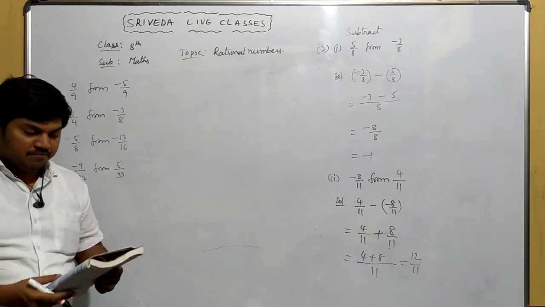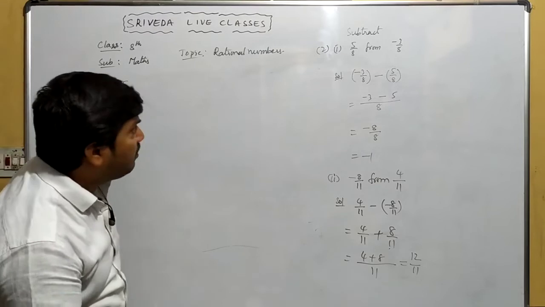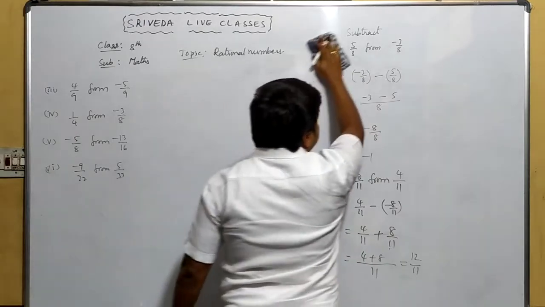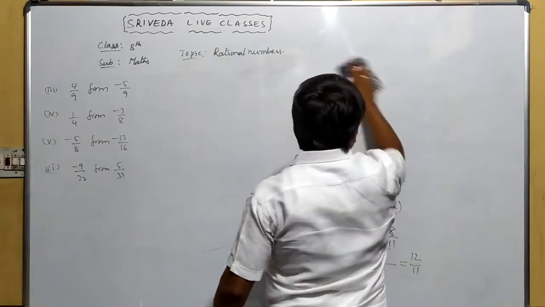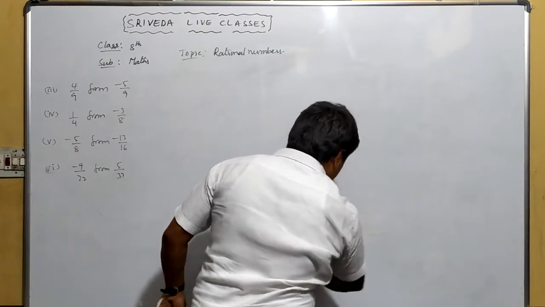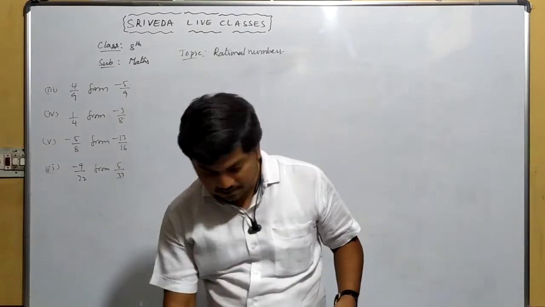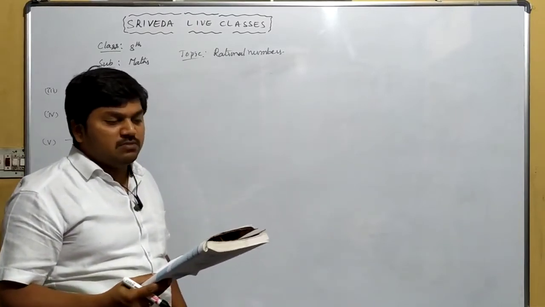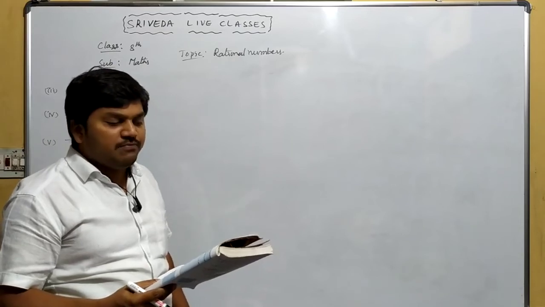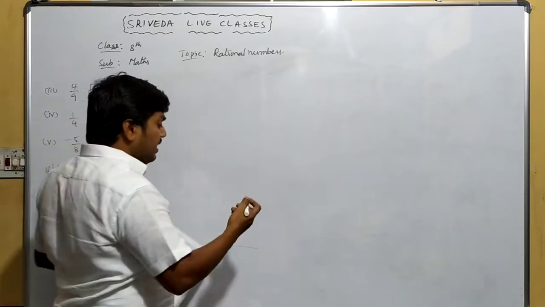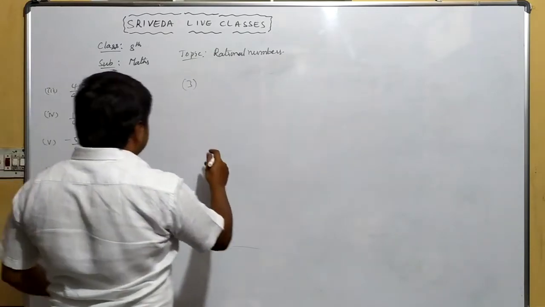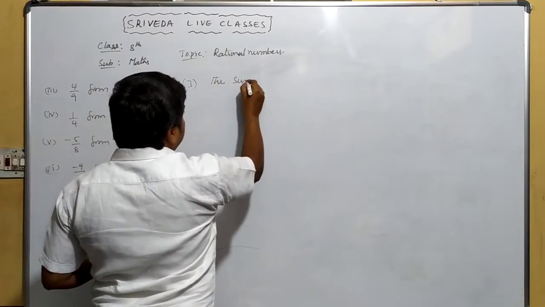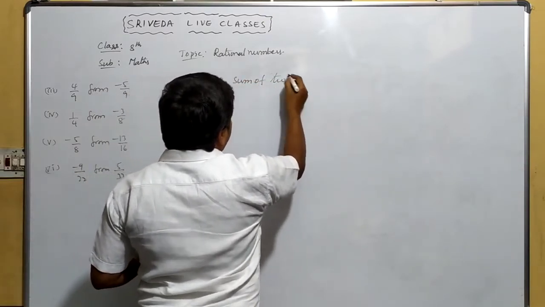See the next problem. This kind of problem is important. Shall I erase this? Yeah, you see that? Third one, read that question. The sum of two rational numbers is 9 by 20. If one of them is 2 by 5, find the other. Like an example problem.